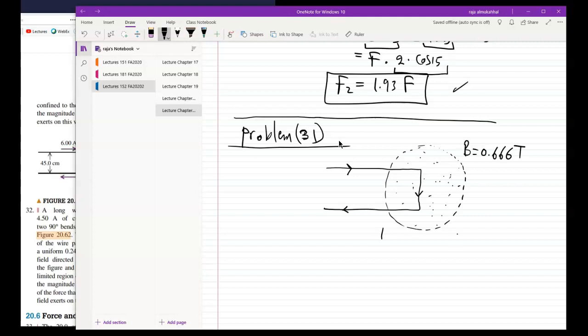The diameter here is 75 centimeters, sorry. And the width of the rectangular loop is 45 centimeter.